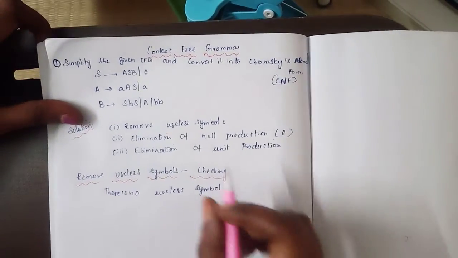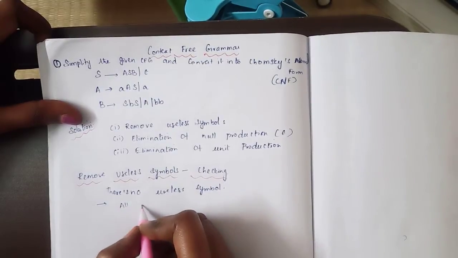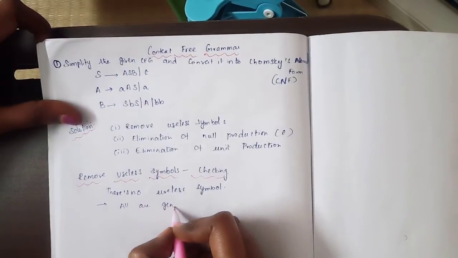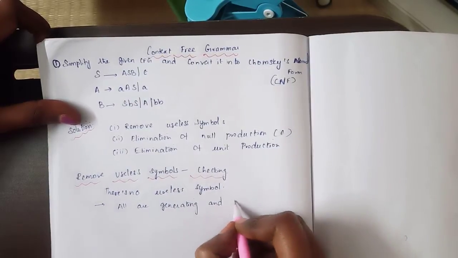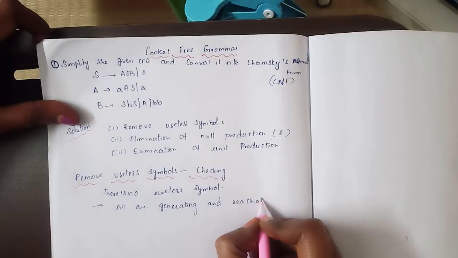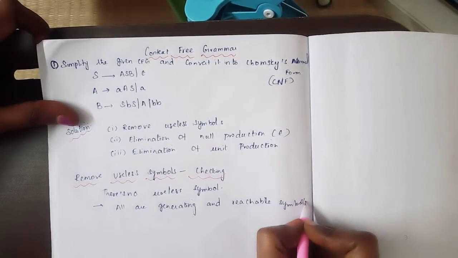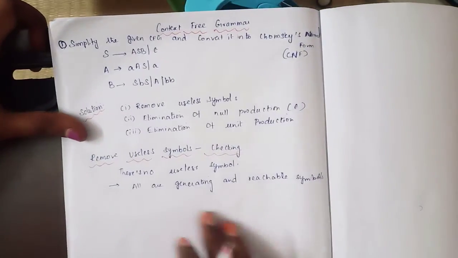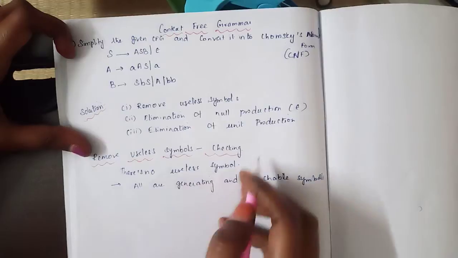Why? Because here all are generating and reachable symbols. So this is the step of removing useless symbols, and there is no useless symbol over there.